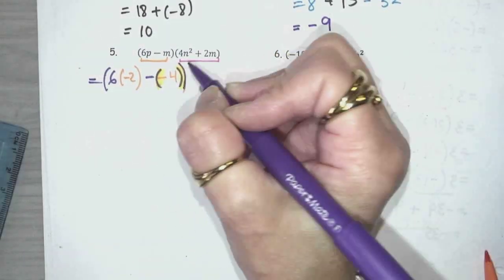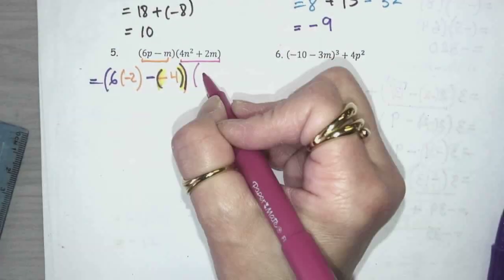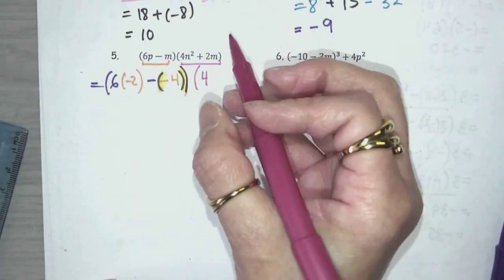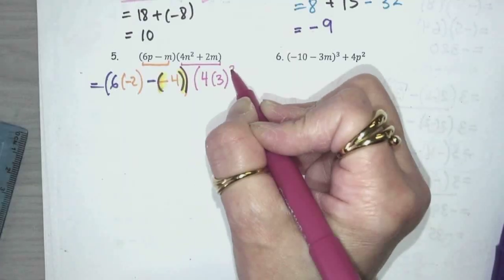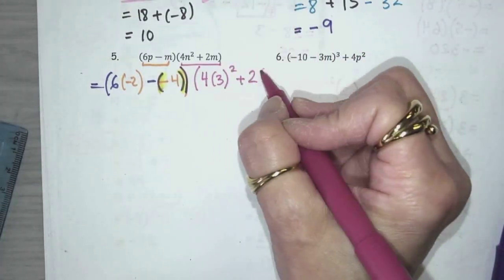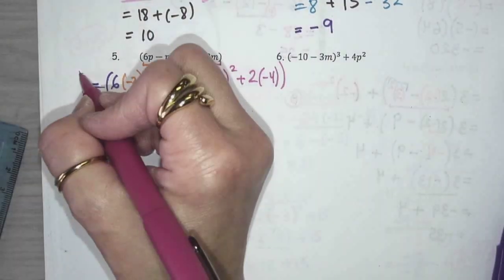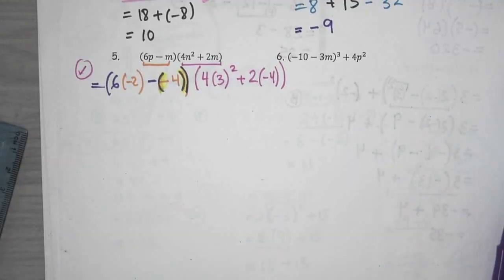Okay, and then we can close this up. The next bracket here, it's 4. N is 3 squared plus 2, and m is negative 4. Okay, so this step alone is very tricky, just a little bit to understand what's what.